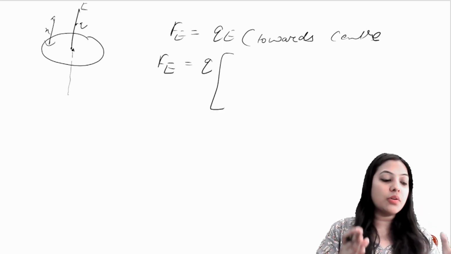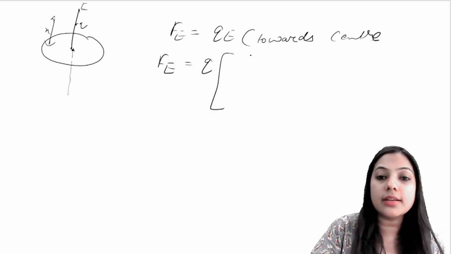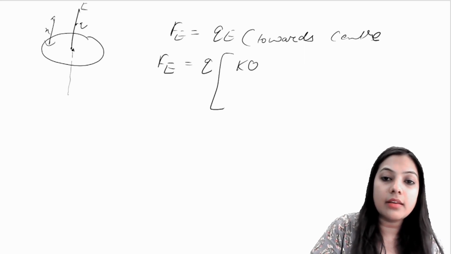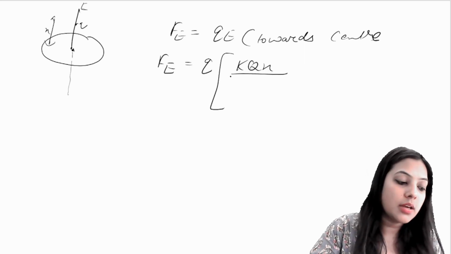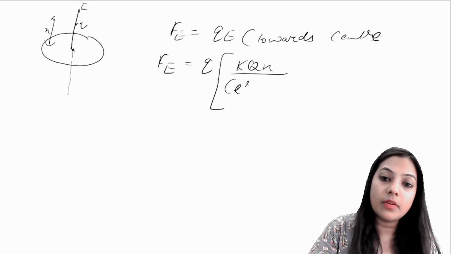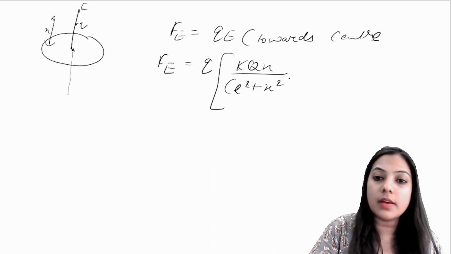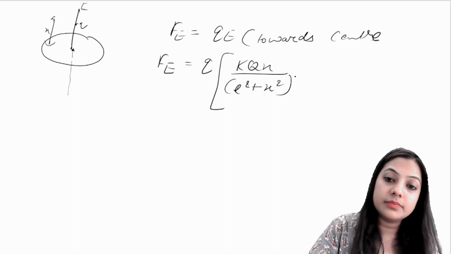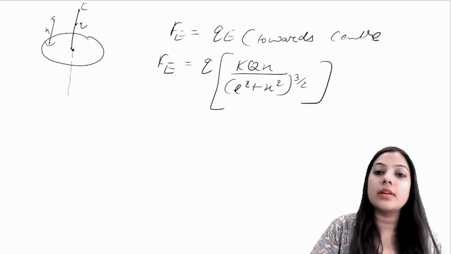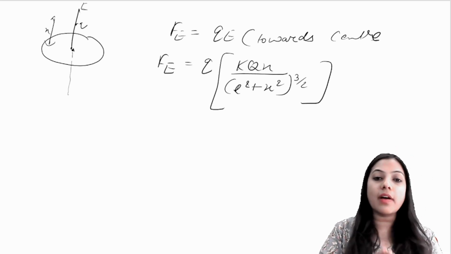Now we will put the value of E, which is KQx upon (R square plus x square) to the power 3 by 2. This is the formula. Now we will put the value.